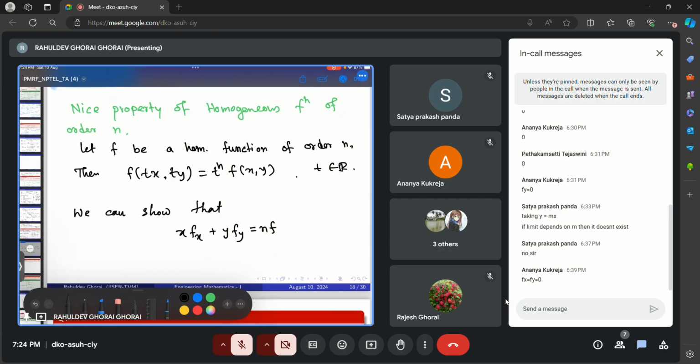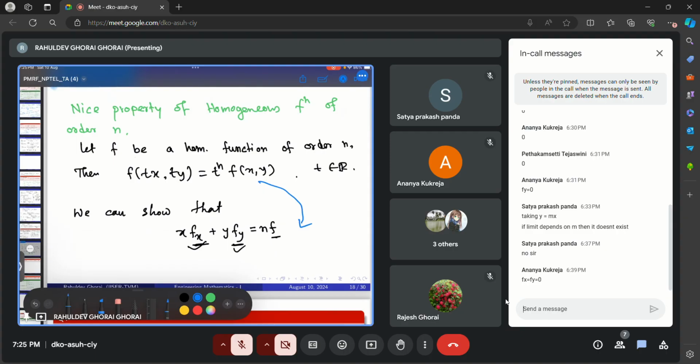If you know one partial derivative and the function, then you don't need to calculate the other derivative if the function is homogeneous. You can use this property to show that x times fx plus y times fy is nothing but n times f.